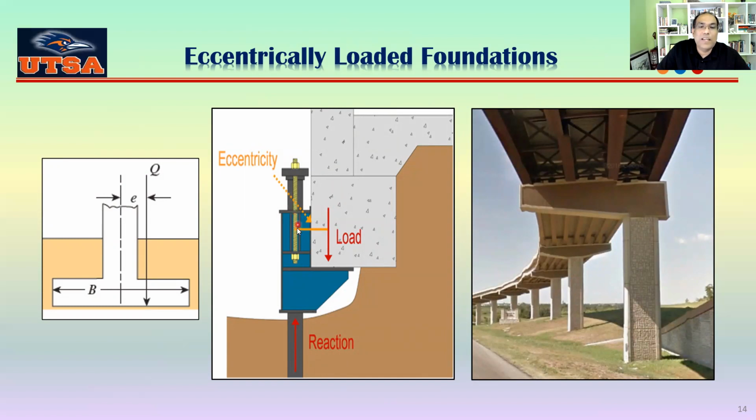So this is your eccentricity, the load is actually not aligned with the reaction here. Similarly, this is the figure for a footing, and you can see your reaction would be along that line, but the load is at a distance E from there. So that's creating some moment. If it creates any moment there, then basically this is an eccentric foundation.